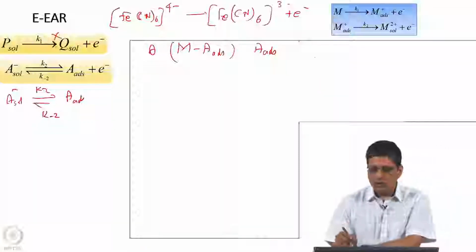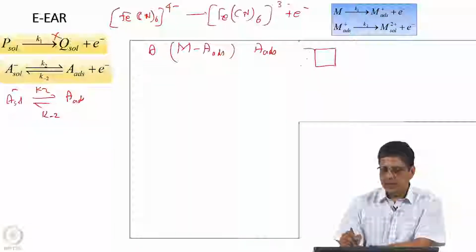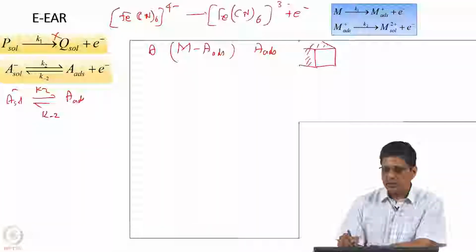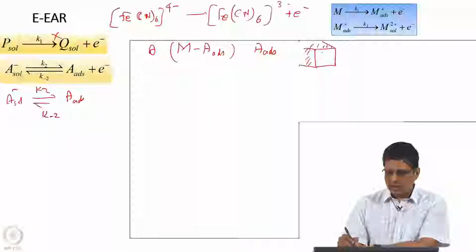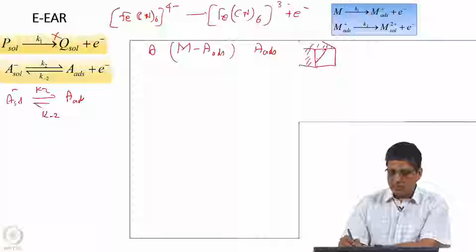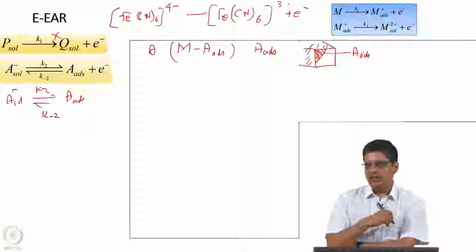So, I would like you to look at this situation, look at this condition and then visualize. Let us say these are all insulators, and only this square area is visible to the electrolyte. In this electrolyte, we are going to say a particular fraction is already covered with A adsorbed species. The remaining material is available.